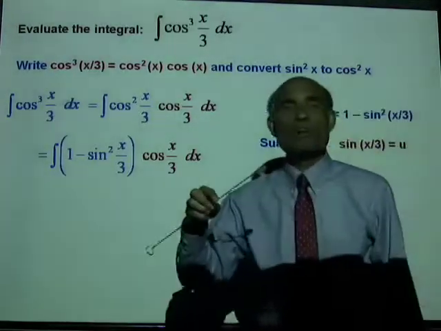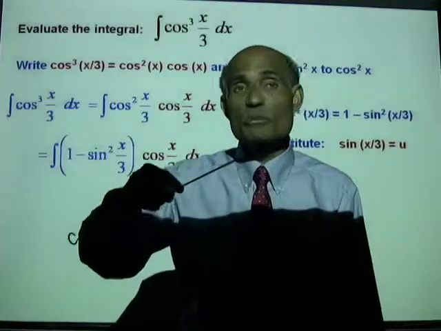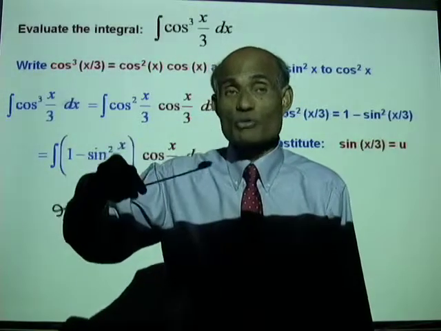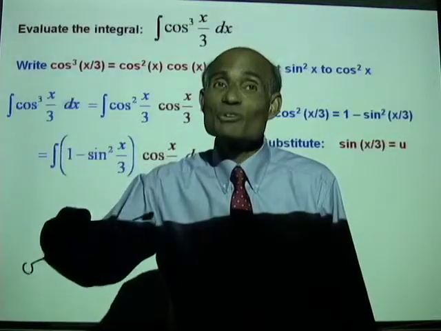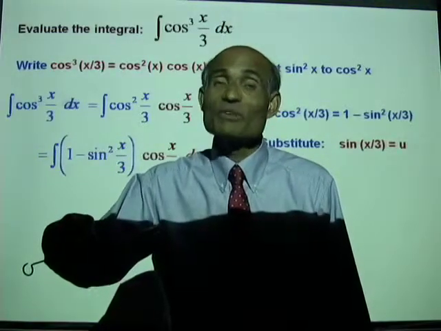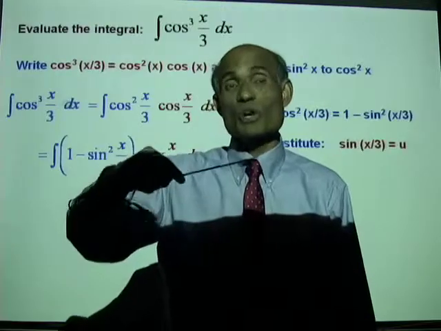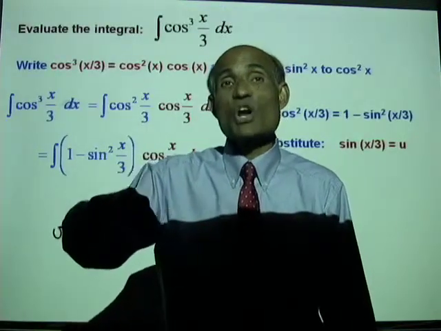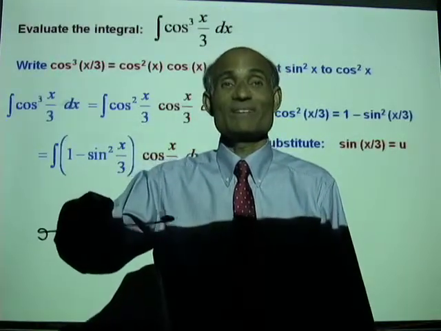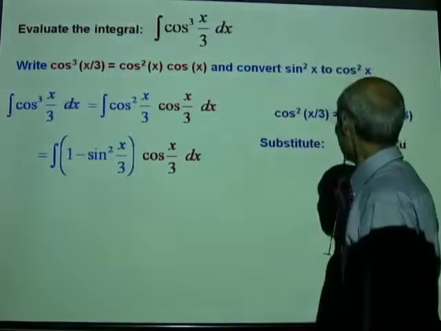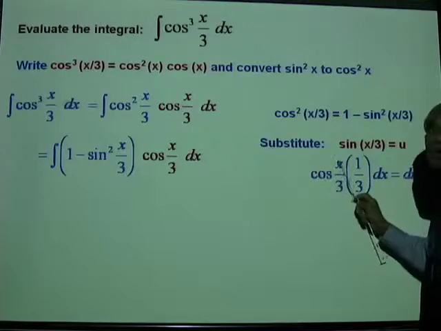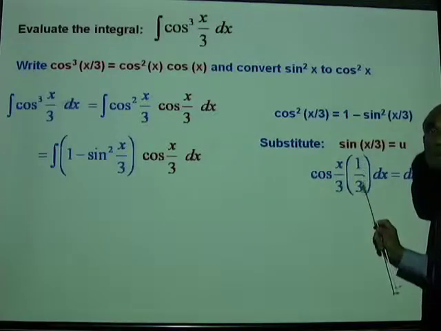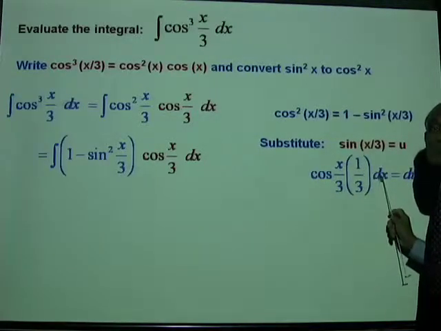The derivative of sine x over 3 will be cos x over 3 times the derivative of x over 3. And derivative of x over 3 is 1/3. So it will be 1/3 cos x over 3. You see that? So the differential of sine x over 3 will be cos x over 3 times 1/3 dx.